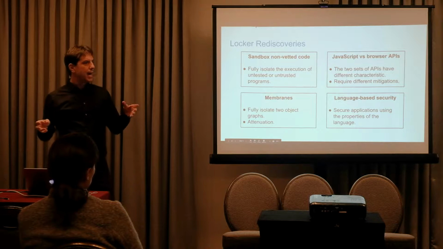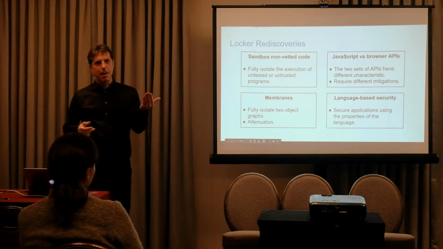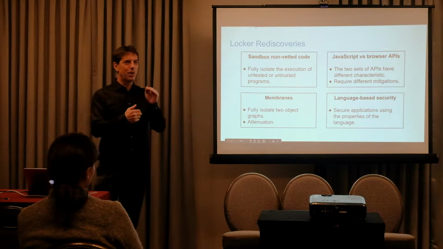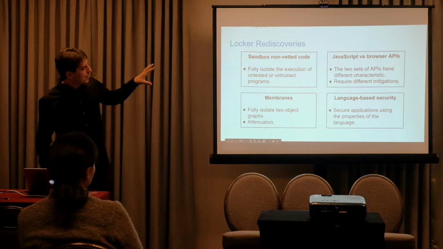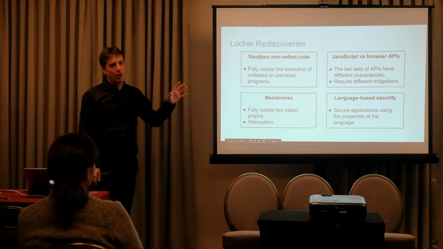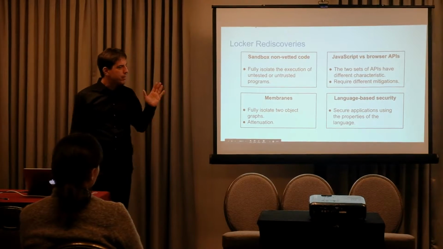Looking at Caja and a double weak map of Caja SES, which maps tame to feral and feral to tame, we just refactored the code and they now sit side by side. So all of this, by accident, made Locker a very good place to move to OCAP. We were very, very fortunate.